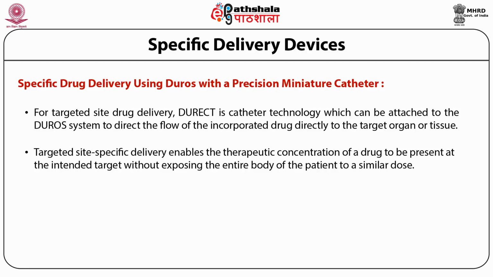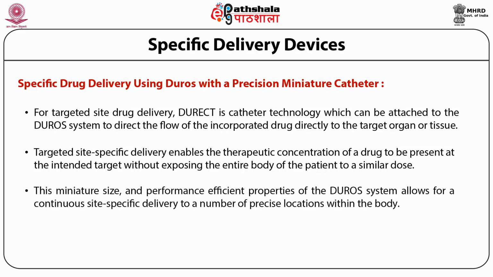Targeted site specific delivery enables a therapeutic concentration of drug in that particular region without exposing the entire body, and therefore off-targeting is minimal. So drug toxicity in other organs is not going to happen, or it may be very minimal. So this is the advantage.